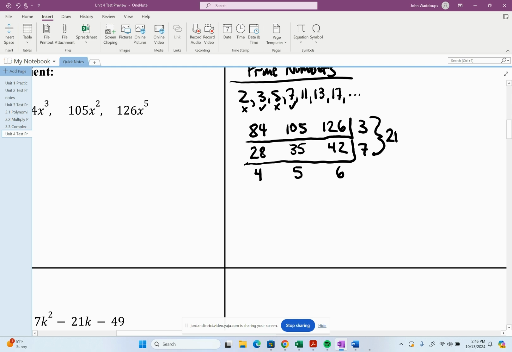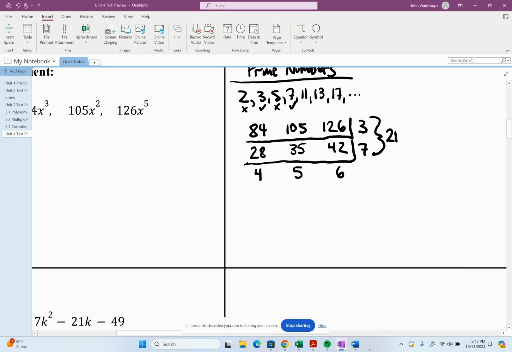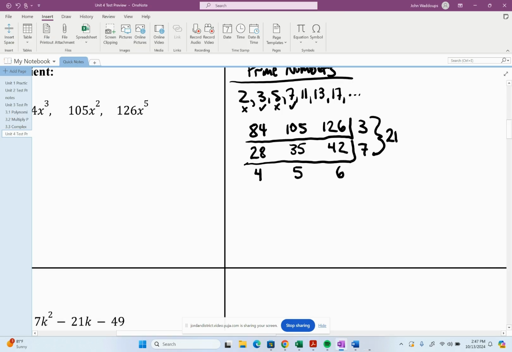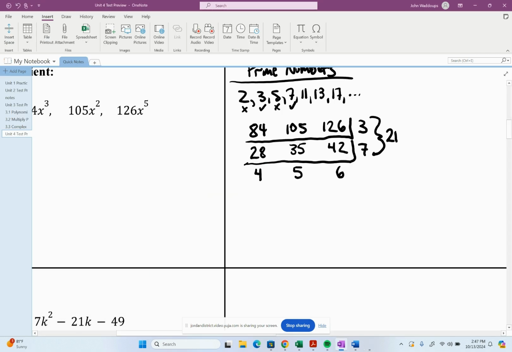You can verify this: 21 times 4 gives us 84, 21 times 5 gives us 105, and 21 times 6 gives us 126.